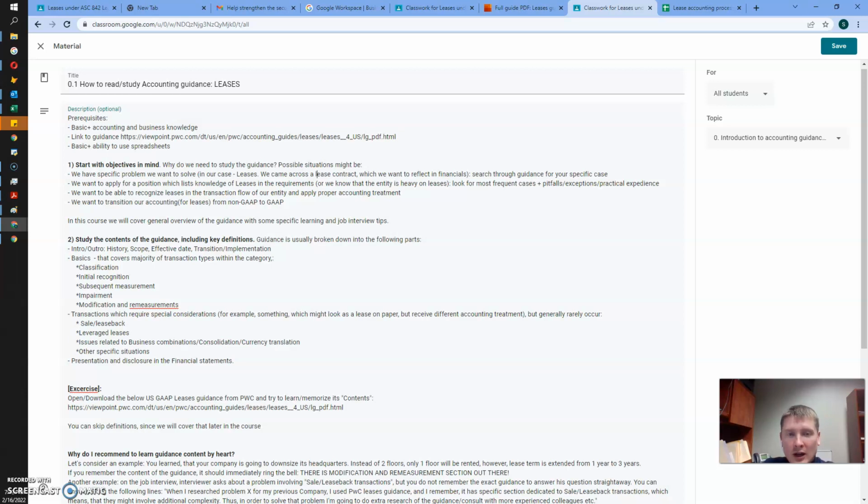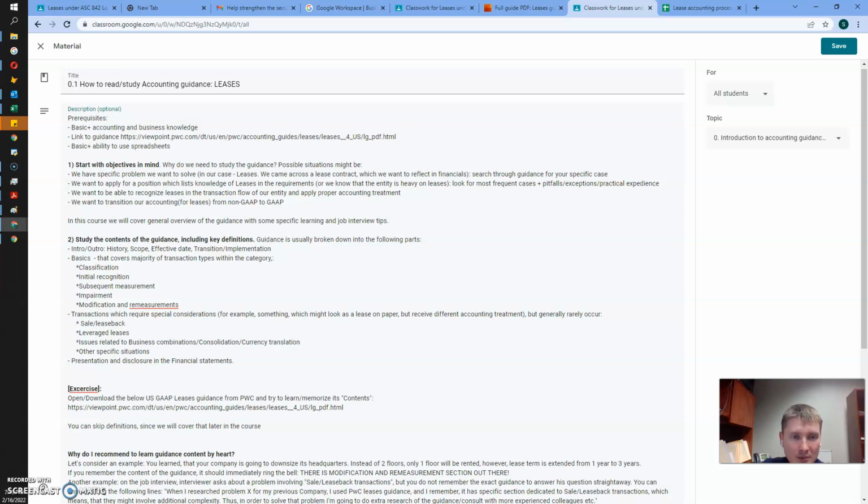Or our company wants to transition to US GAAP from other guidance, from IFRS or from other non-GAAP guidance, from cash basis of accounting, and we want to know how to do that. All of that is covered in the lease guidance.